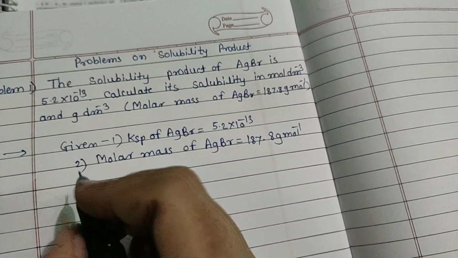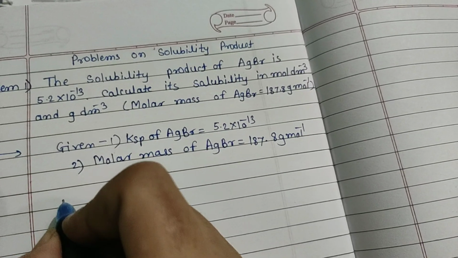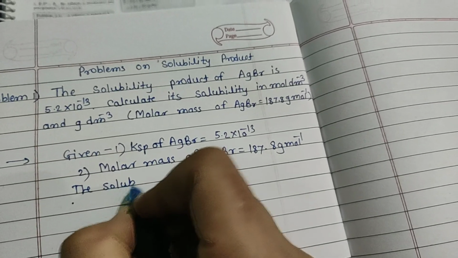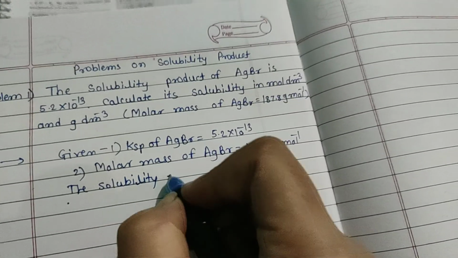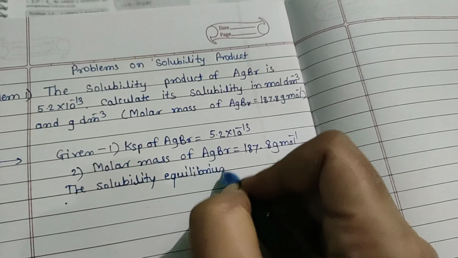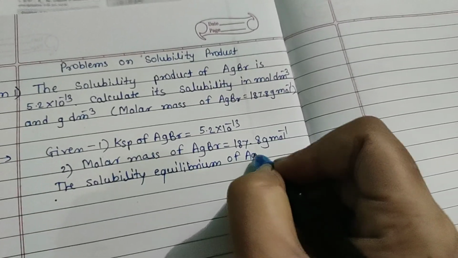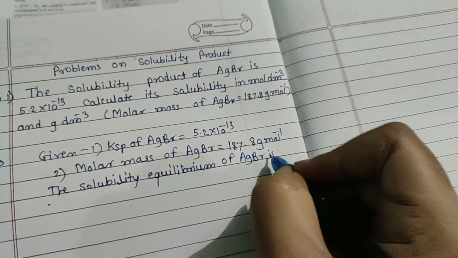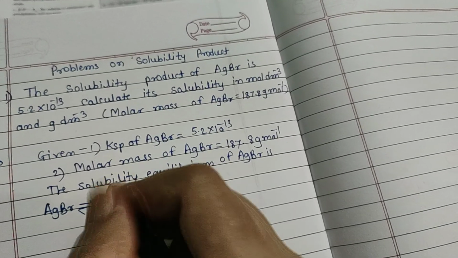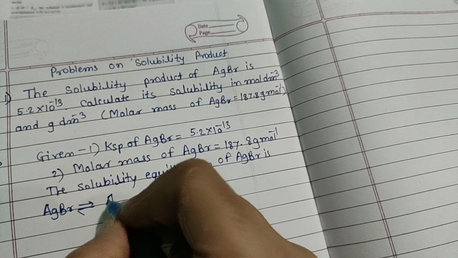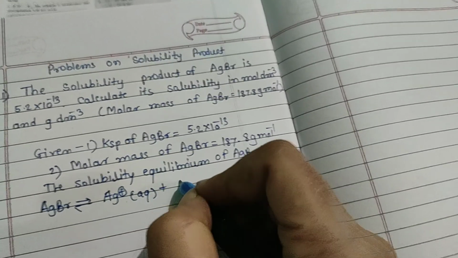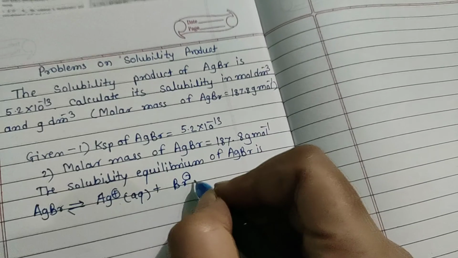First we write down the reaction. The solubility equilibrium of AgBr is: AgBr at equilibrium gives Ag⁺ in aqueous plus Br⁻ in aqueous.